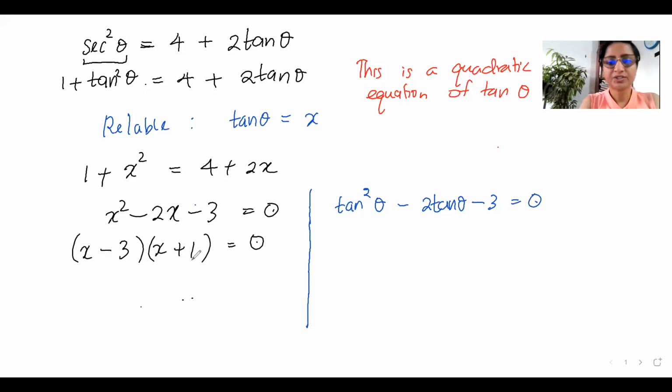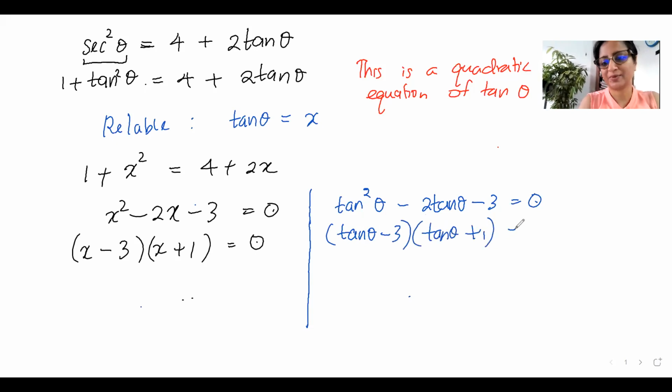correct? So here it would be tan theta minus 3 times tan theta plus 1 equals 0. It's a quadratic, so product of two factors equal to 0. That means x minus 3 equal to 0 or x plus 1 equal to 0.